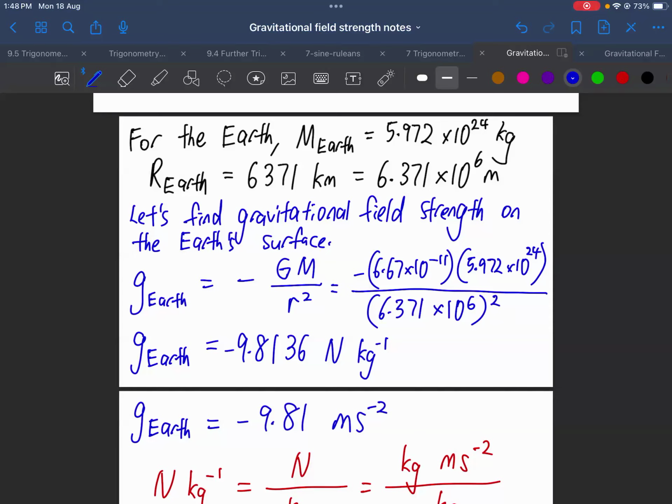And like I said, Newton per kg is the same as meter per second square. The two units are basically the same guy.